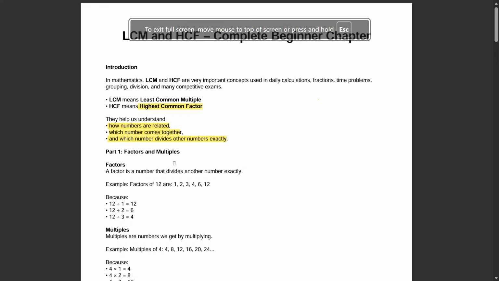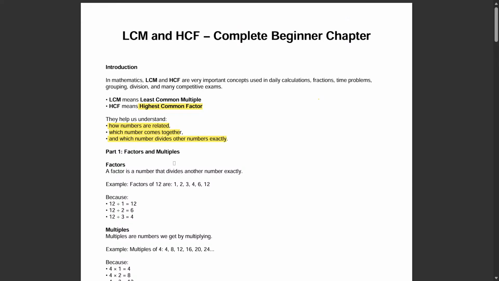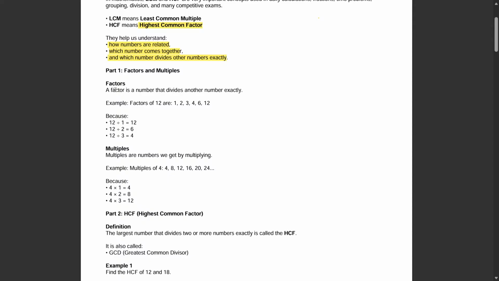Factors and multiples. What is a factor? A factor is a number that divides another number exactly. Example: factors of 12 are 1, 2, 3, 4, 6, and 12.